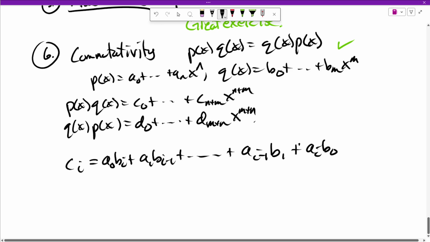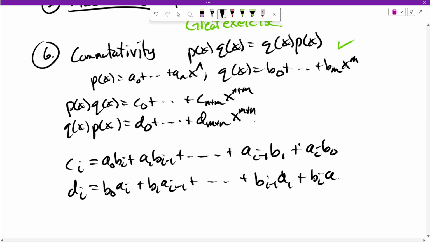And then di is a similar thing, except you start with the b coefficients because q is on the left. So it's going to be b0ai plus b1a(i-1) plus b(i-1)a1 plus bia0. So that's what the coefficients for the product in the reverse would be.